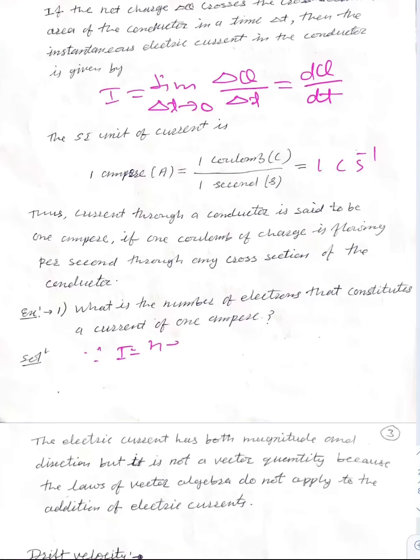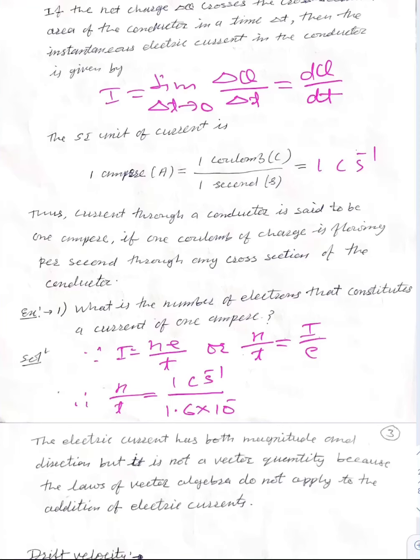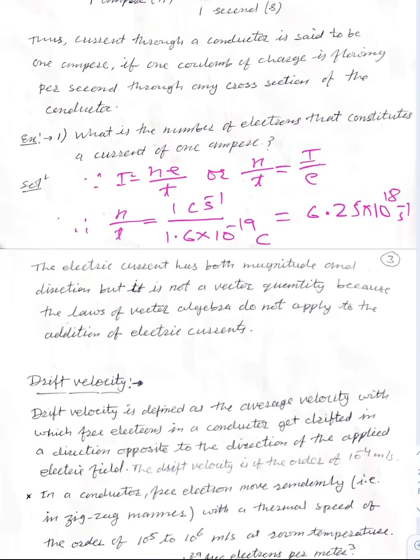Since I = ne/t, or n/t = I/e. Therefore, n/t = 1 coulomb per second upon 1.6 × 10^-19 coulomb. After solving, we will get 6.25 × 10^18 per second.